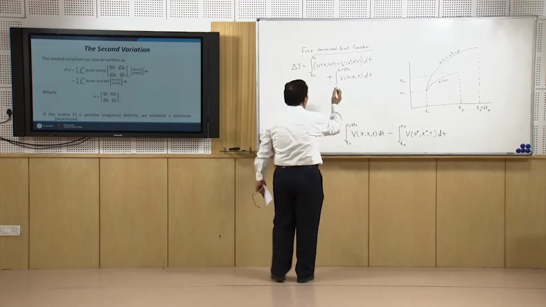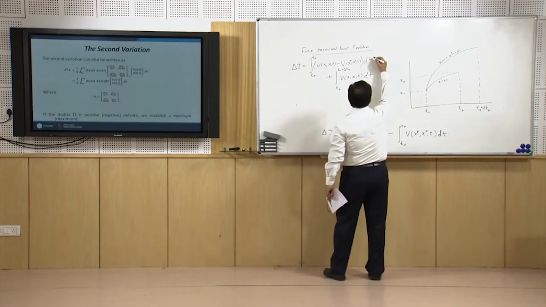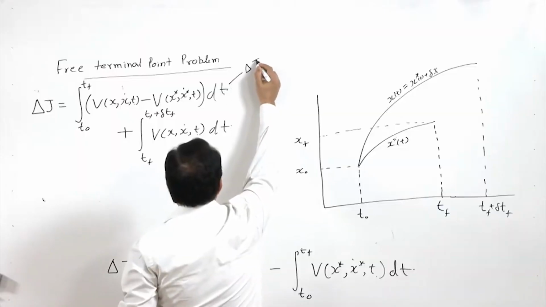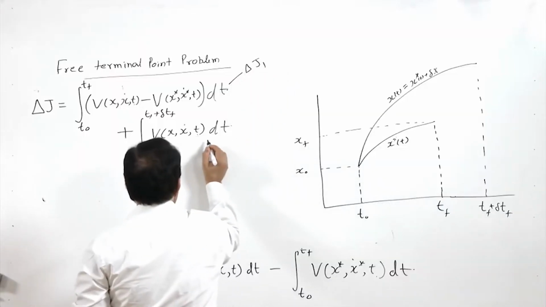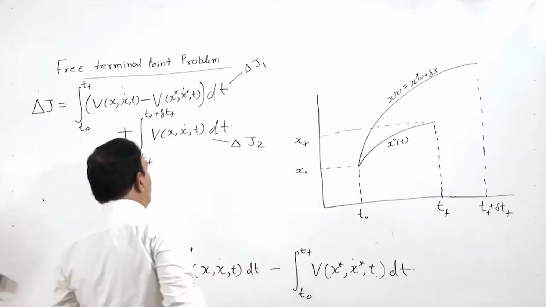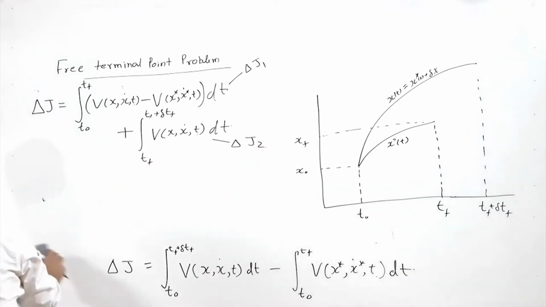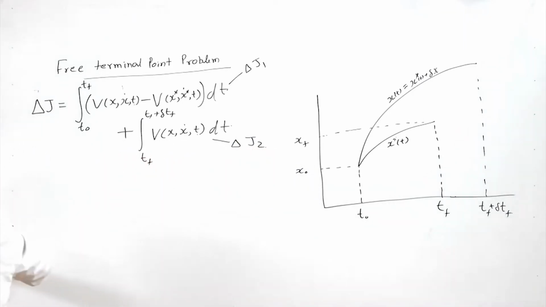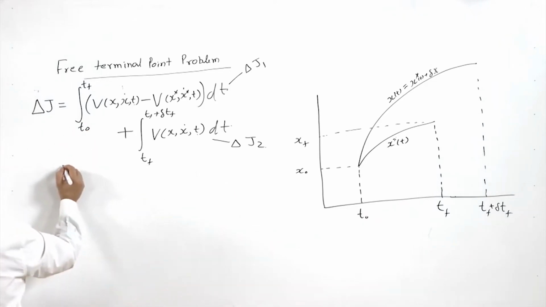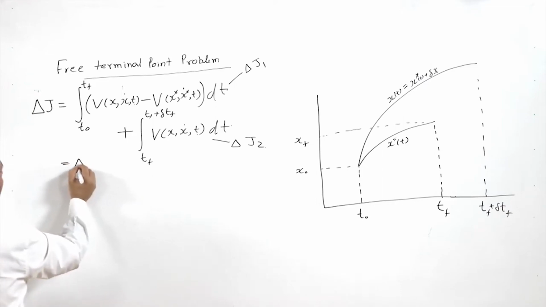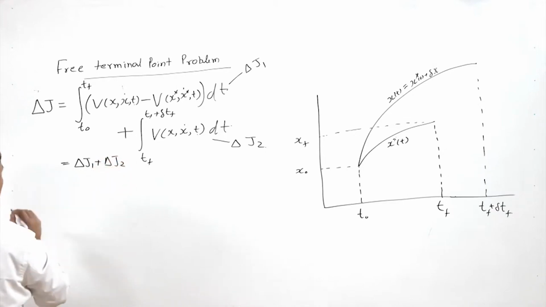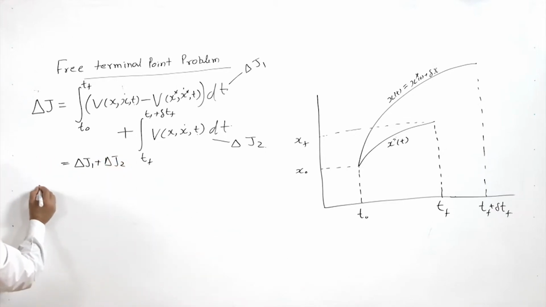Let us say my first integral gives me delta J1 and the second integral gives me delta J2. So, my delta J is simply delta J1 plus delta J2. We will treat each term independently.